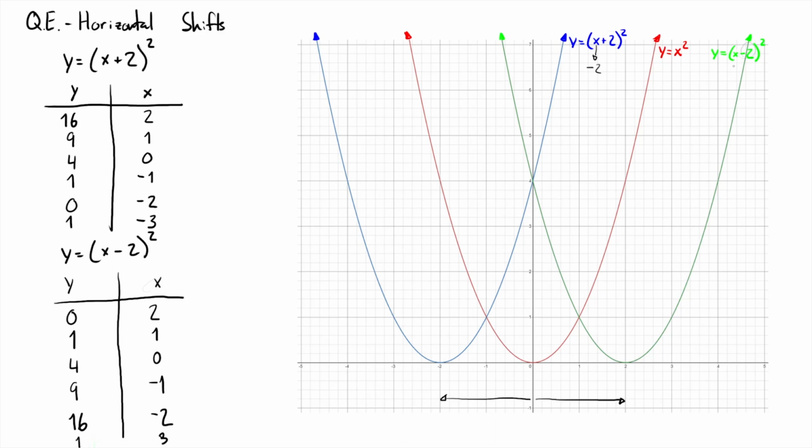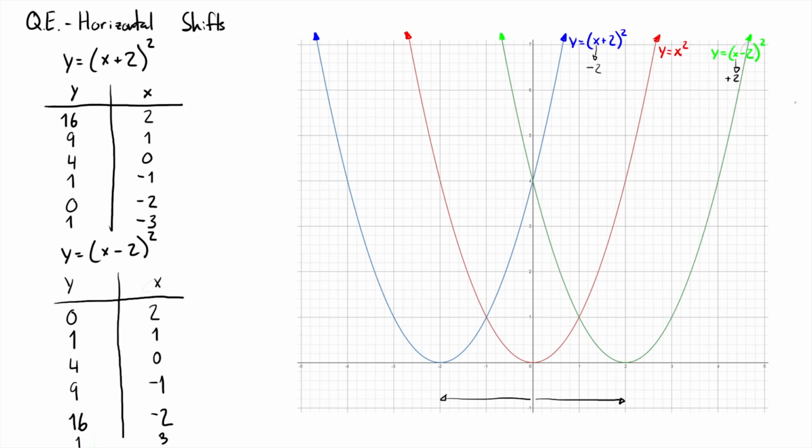With a -2, I need to add 2 to x, because 2 minus 2 is 0, and that's what I'm actually doing. I'm moving to the right, adding 2 to my x value. So again, that's how I like to remember it. It's a little bit easier for me.